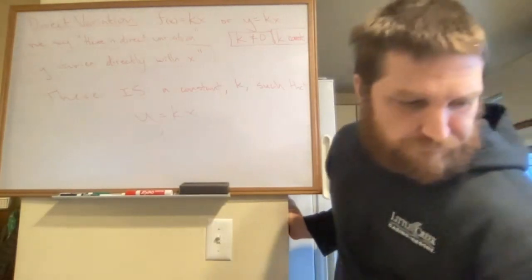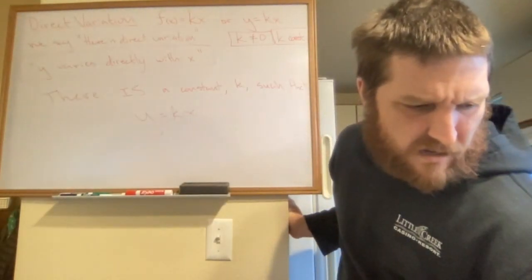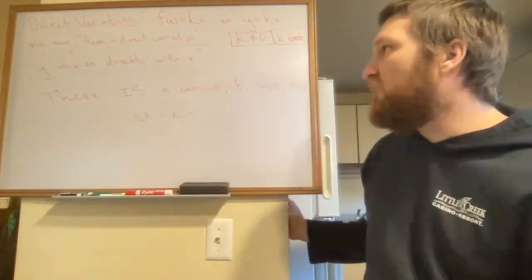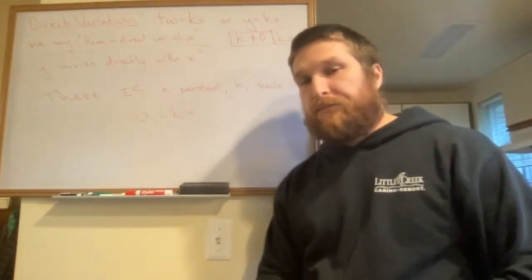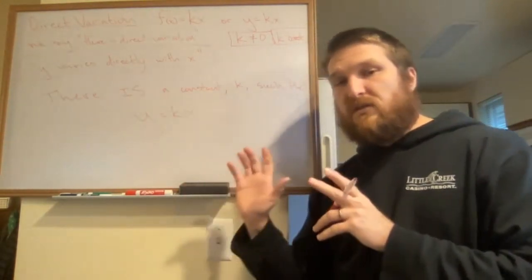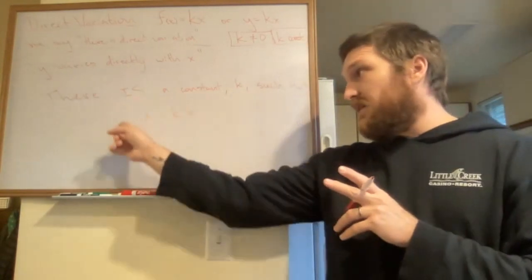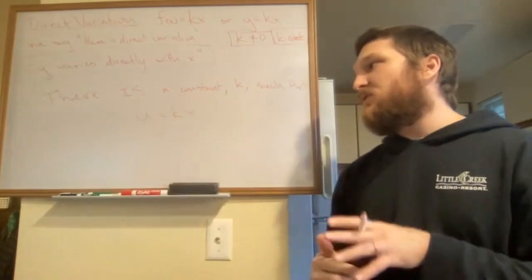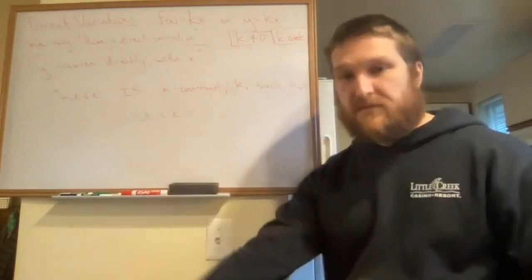Now, how does this come out in, I guess I'll just use this example. Why not? What we're going to do is you will be given some kind of situation, and we want to write this, find what this is, and then they might ask you to predict something else.